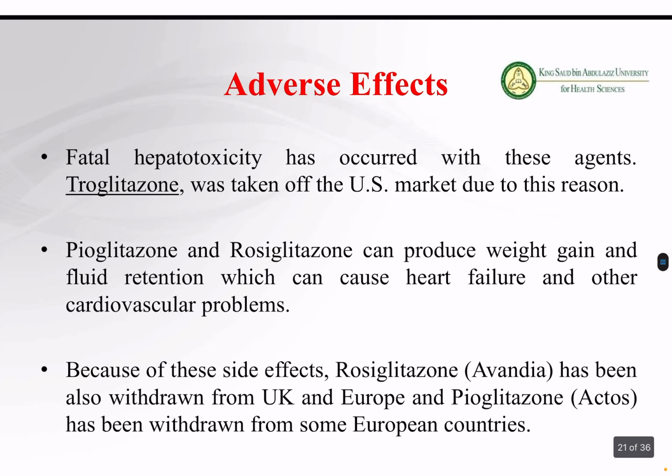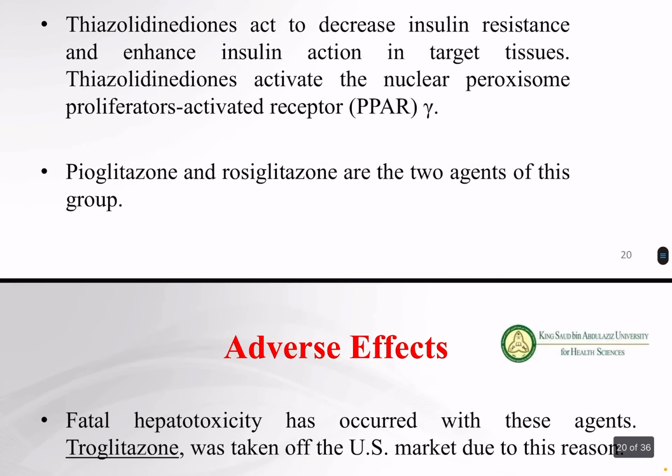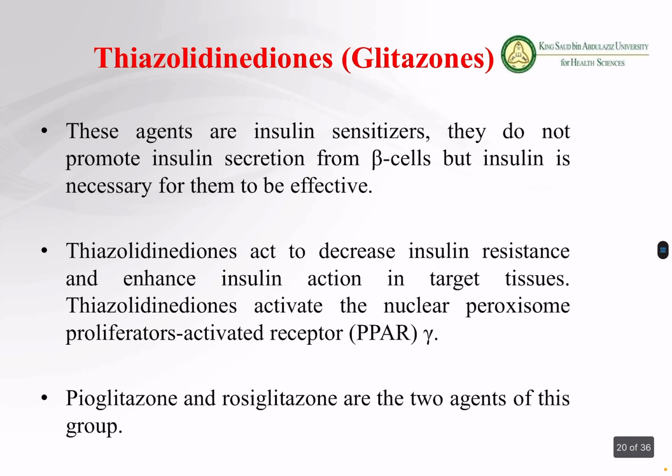Because of these side effects, rosiglitazone, which was available by the brand name Avandia, has been withdrawn from UK and Europe, and pioglitazone has been withdrawn from some European countries. Okay? Even in our country, this drug is not available, because we discussed that this drug was withdrawn. So these are the two drugs here. We discussed the insulin sensitizers, the biguanide and thiazolidinedione. They work by improving the insulin target cell response.